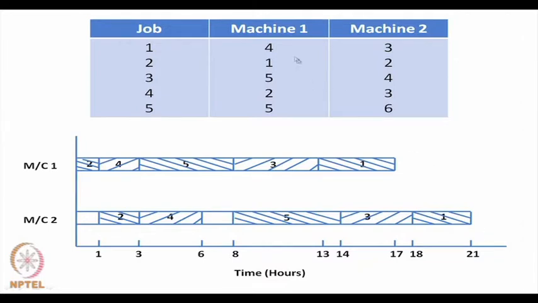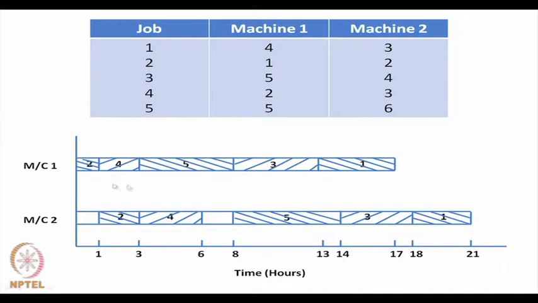Once that is assigned, we take away 1 and are left with 3 and 5. The minimum is 4, which occurs for job 3. So, that should appear just before 1, and lastly 5 should appear just before 3. So, the sequence is therefore first 2, then 4, and then 5, 3 and 1.